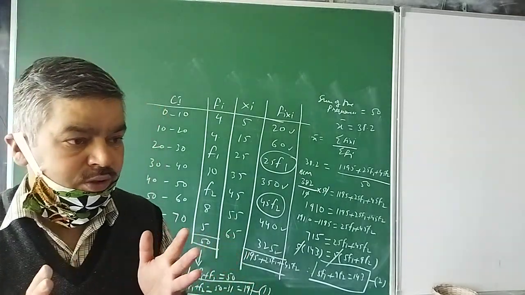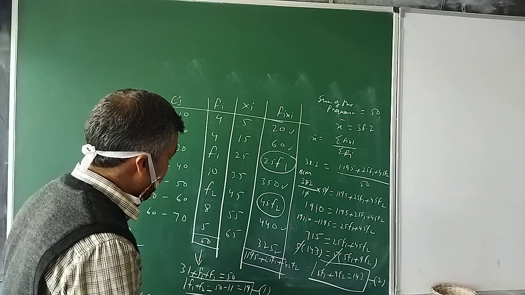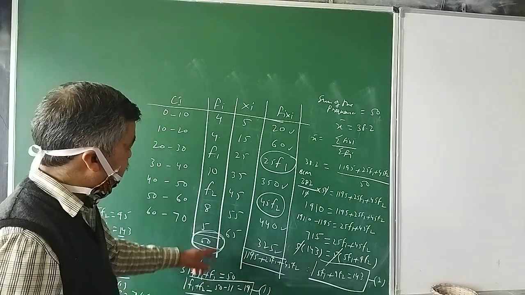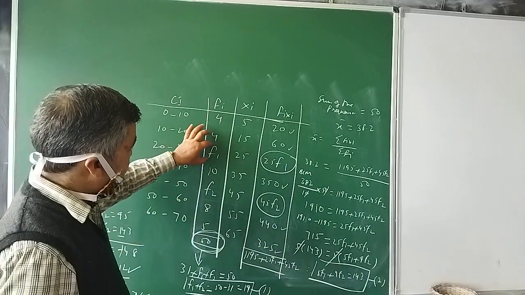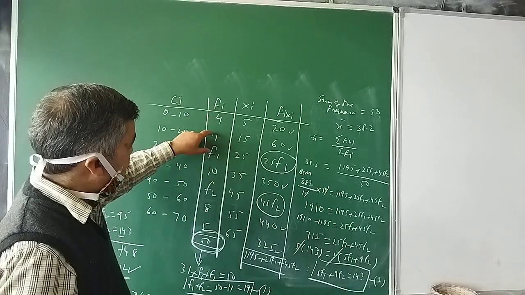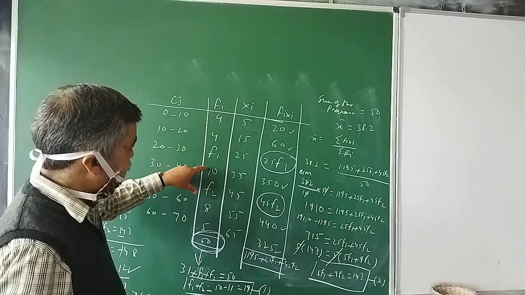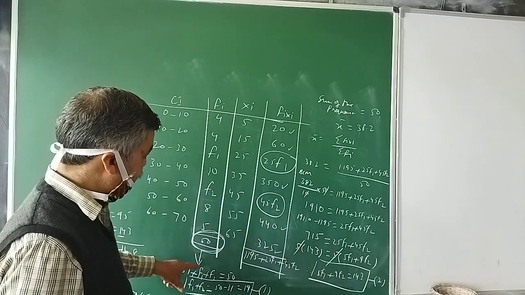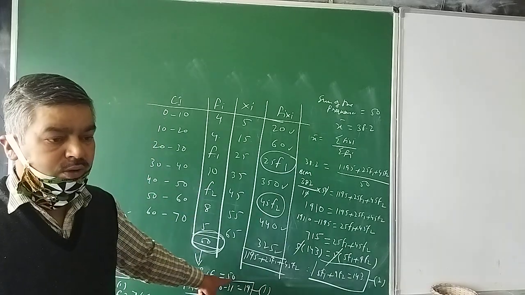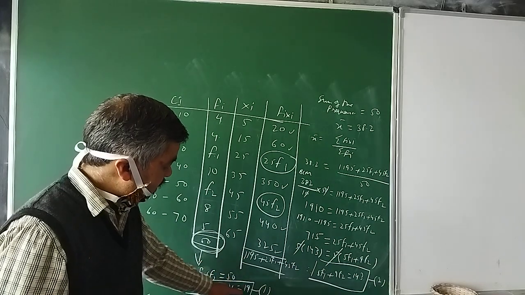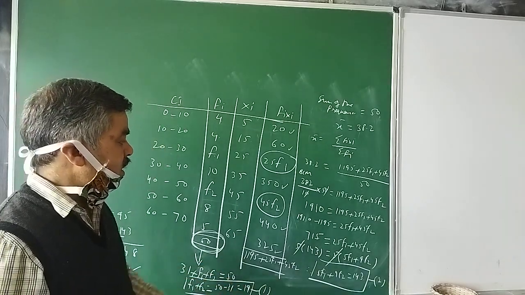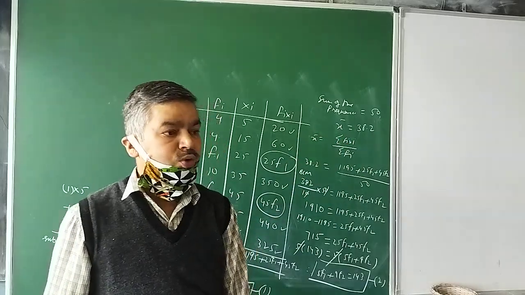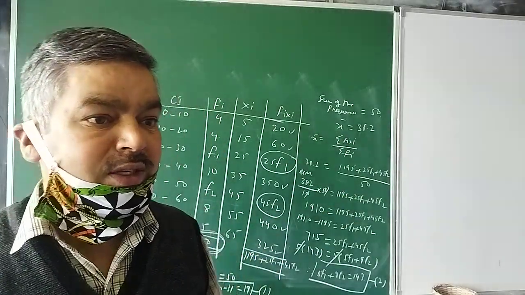So here you always remember some of the frequencies will always be given to you, so that you can make this first equation from this table, like do not add the variables, add all the constant terms. 4 plus 4 plus 10 plus 8 plus 5 is equal to 31 plus f1 plus f2 and the sum, that is equal to 50. So equation number 1 will be ready for your reference, and second equation you will be getting from this formula, because the second part given to you will be the mean of the data in such question.